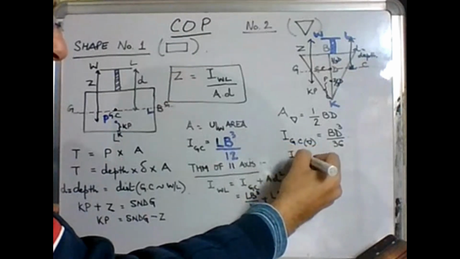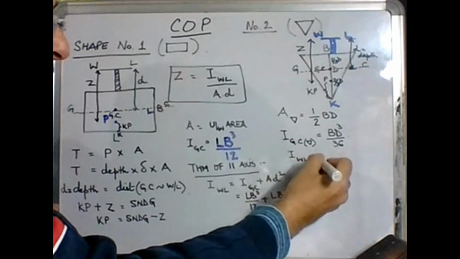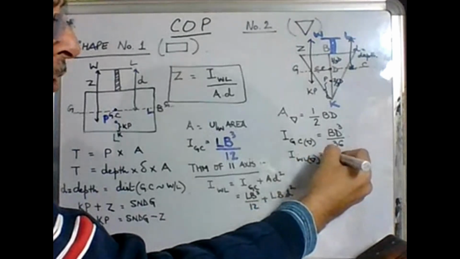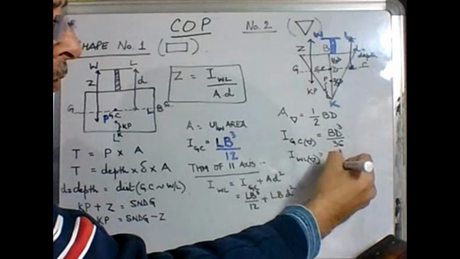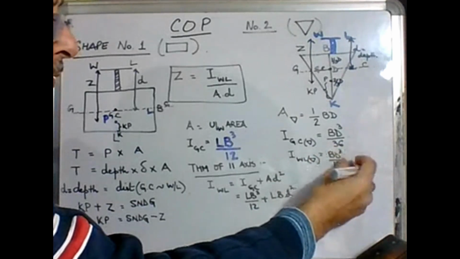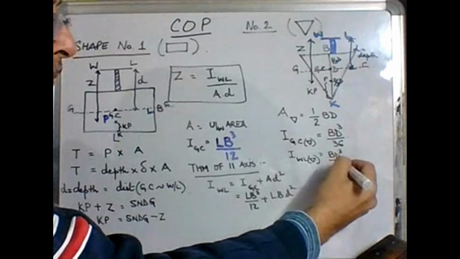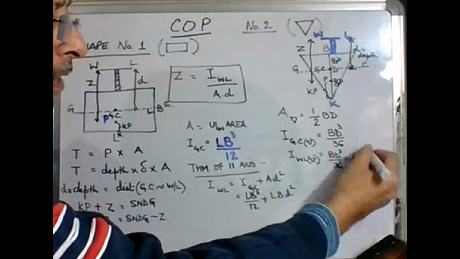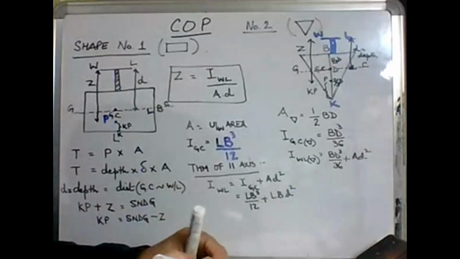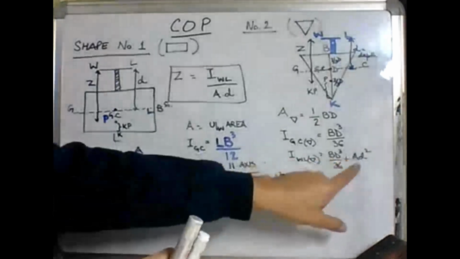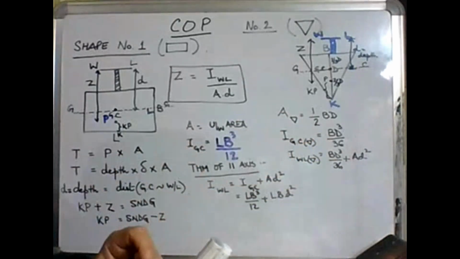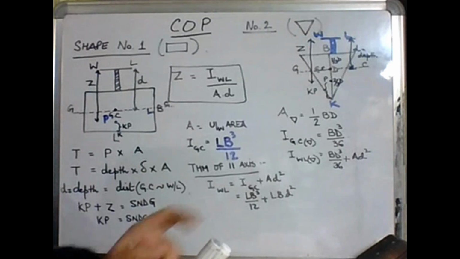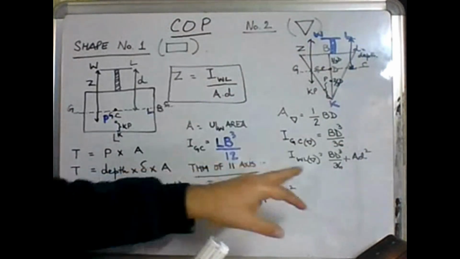I about the waterline of the triangle will be BD cube by 36 plus, क्या है? प्लस है A d square, A small d square, where A is half B capital D, half B capital D, small d square. D is the depth. So this is your numerator.